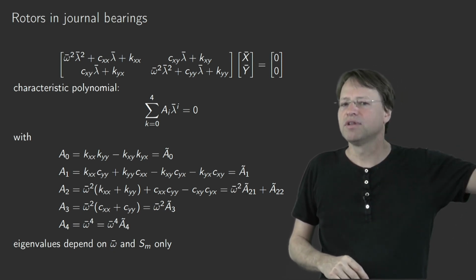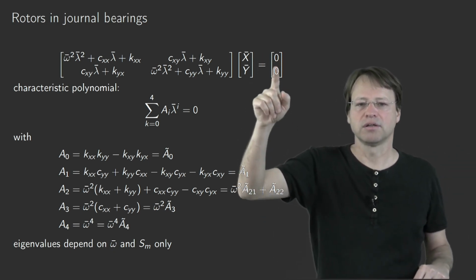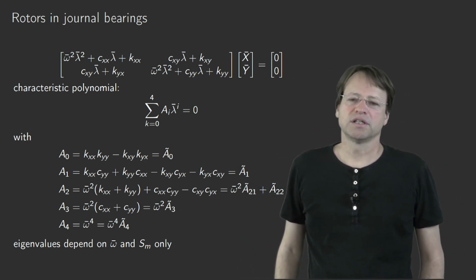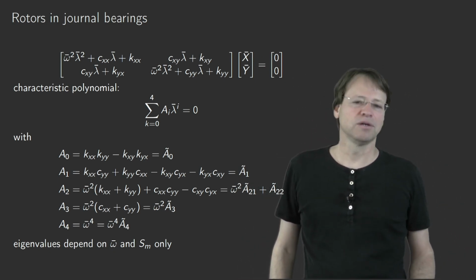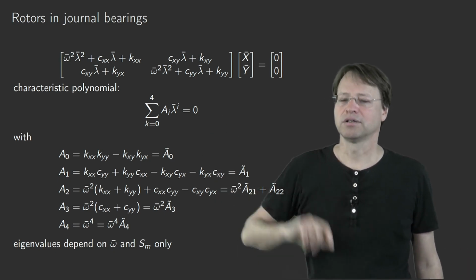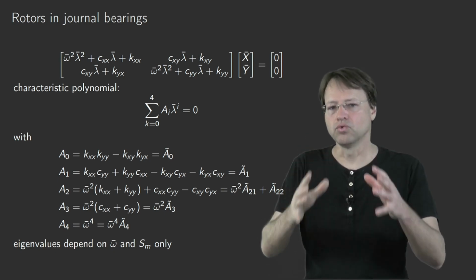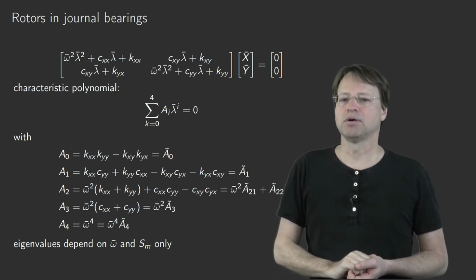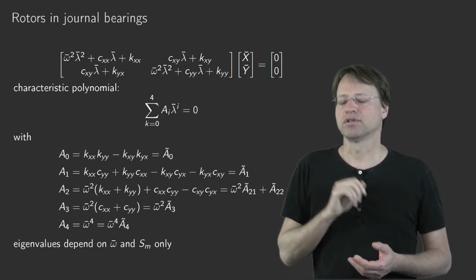There's no influence of the imbalance anymore because we are studying the homogeneous equation. Now, of course, the next step, which we won't follow, would be the solution of that characteristic polynomial, determining the roots, and then concluding from the roots about the stability behavior of the solution.